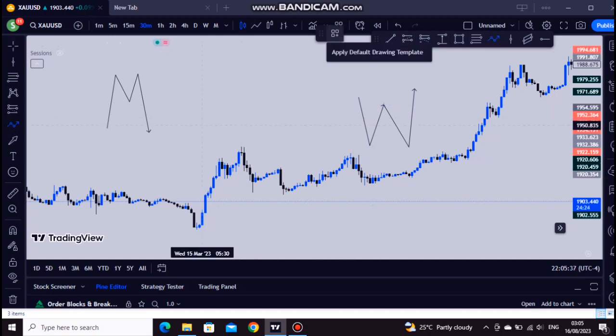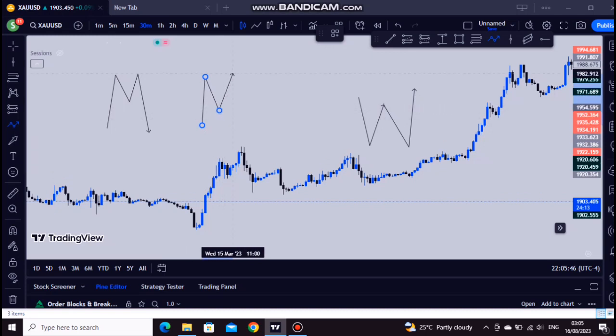Alright, we have our double bottom. This is our double bottom right here. Then the second one, sorry, let me complete that. We have our double bottom, right?